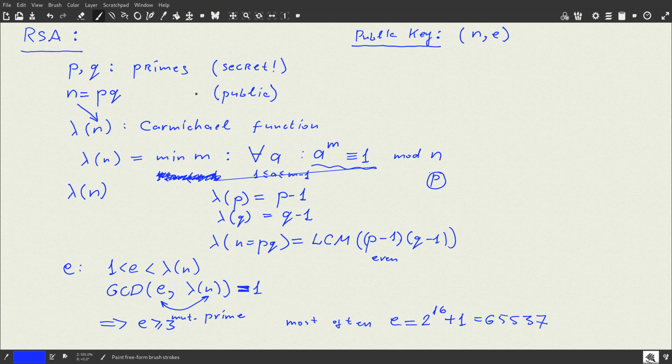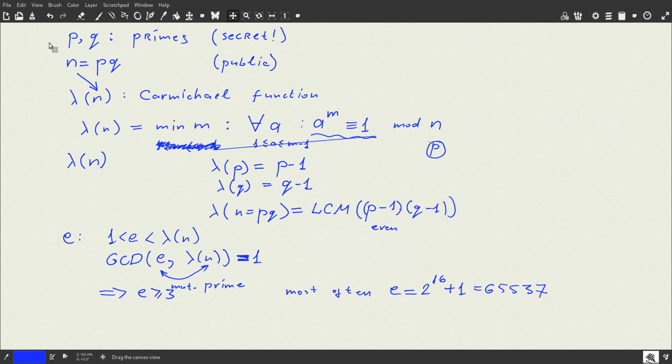Now, we compute another number. We compute the inverse of E. Let us denote it by D. D is the inverse of E. Again, modular lambda of n, where lambda of n is this one.